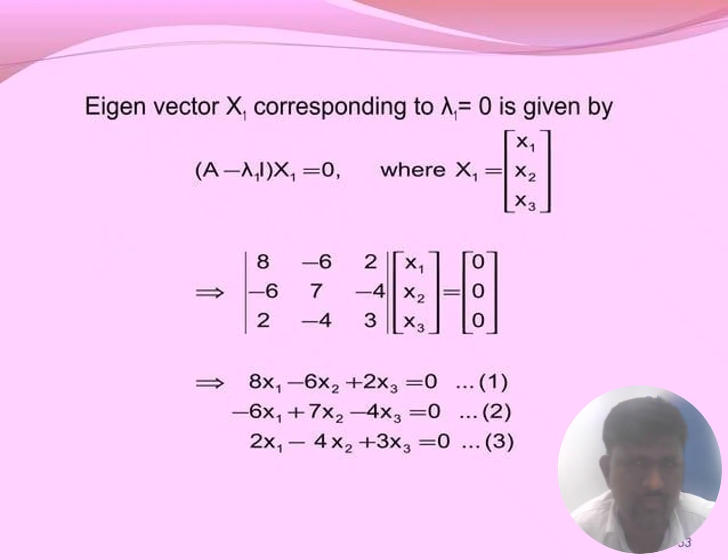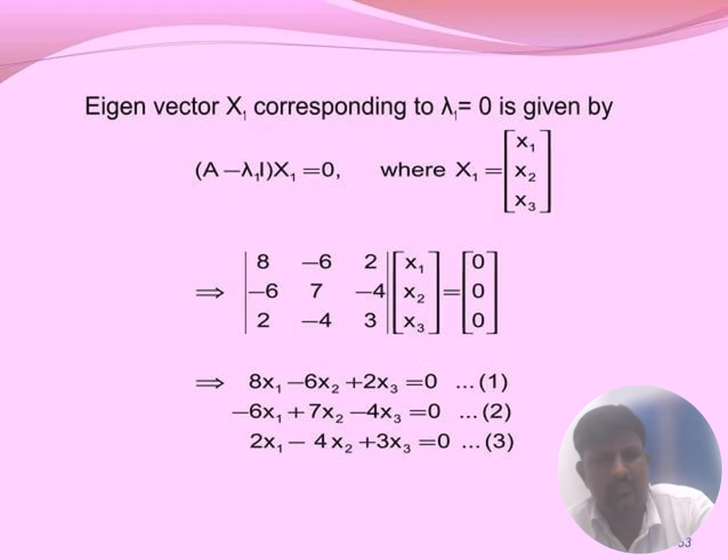Next, we are going to find the eigenvectors corresponding to the lambda value 0. So already we know the format of finding the eigenvector: A minus lambda I into x is equal to 0. Here x is represented by x1, x2, x3. This is the eigenvector. So we are using the A matrix and x1, x2, x3 is equal to the column 0, 0, 0.